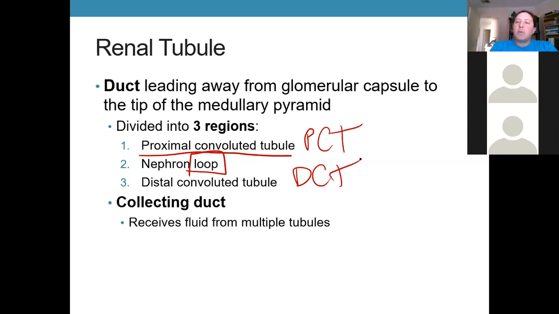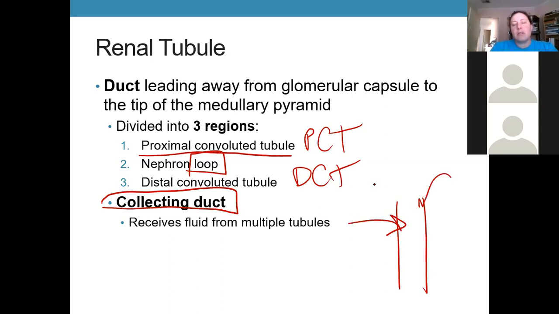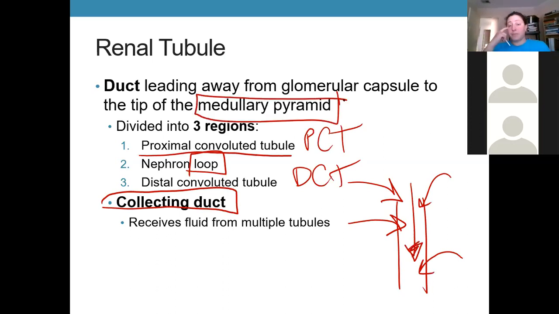The renal tubule ends by joining up with a collecting duct. The collecting ducts are the next step in the flow of urine. They get urine from multiple tubules that are then aimed at that medullary pyramid.